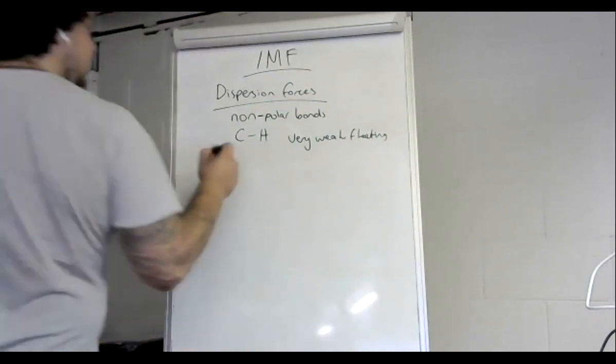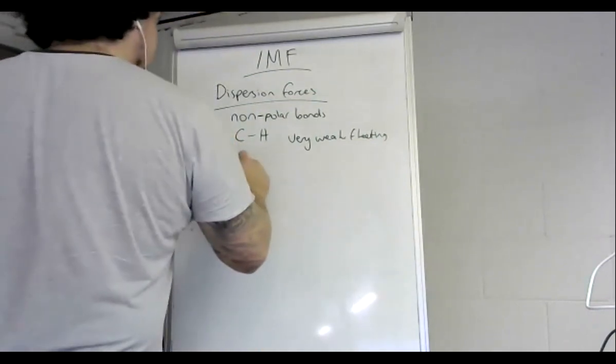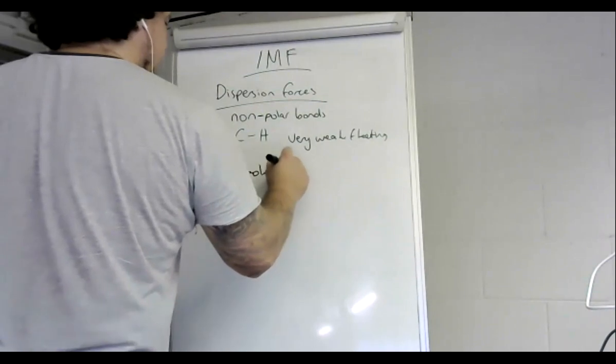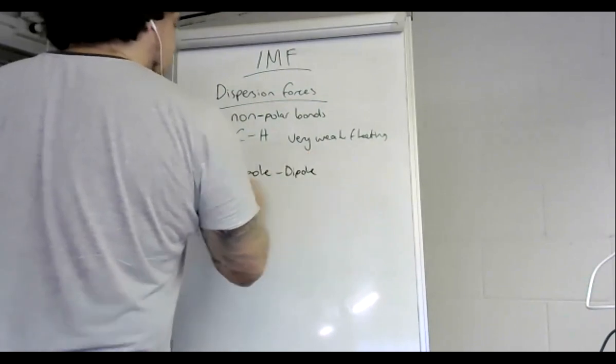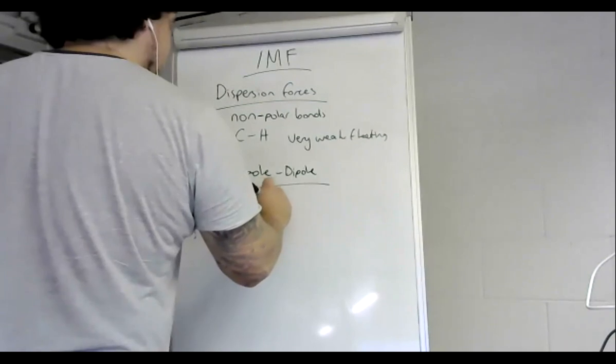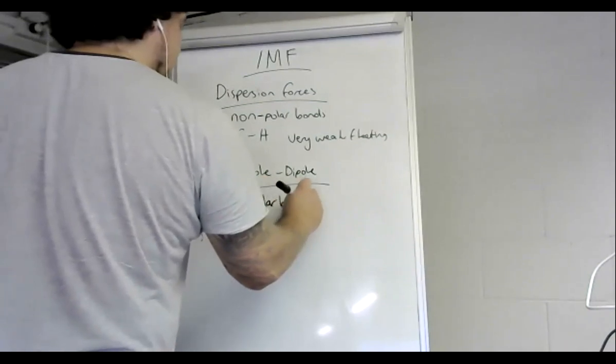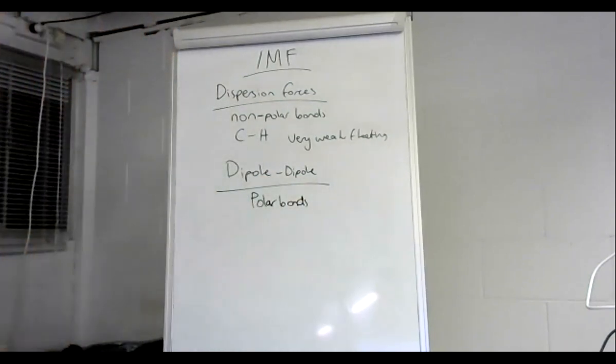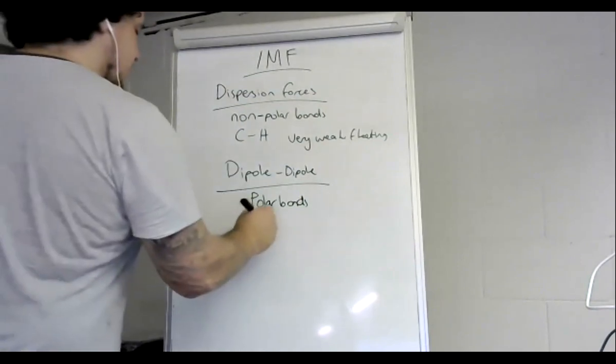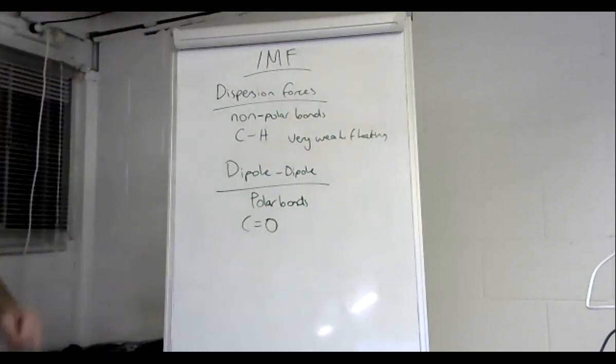polarization. We have dipole-dipole. When we have polar bonds. So this is when we have carbon double bound to oxygen.